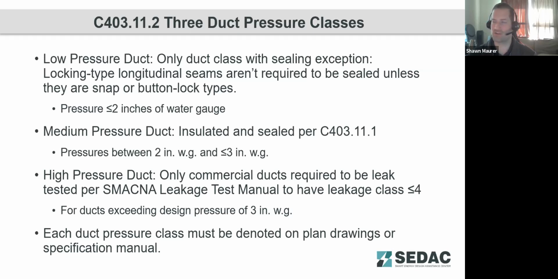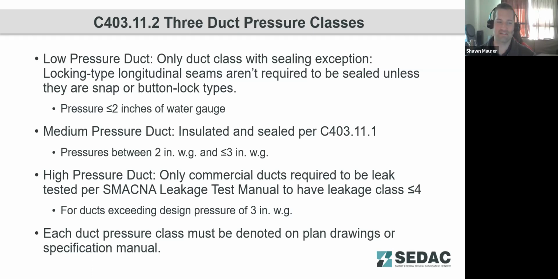But as you get up to medium pressure duct, which is typically your main trunk lines coming off of an air handler and the branch lines before a VAV box, those are required to be insulated and sealed. And then when you get up to higher pressure ductwork, it's usually the main plenum right after the fan, or larger industrial duct systems that have higher pressures and higher flows. Those are actually the only commercial duct systems that are required to have a leak test conducted per the SMACNA leakage test manual. It's the Sheet Metal Manufacturers Association.